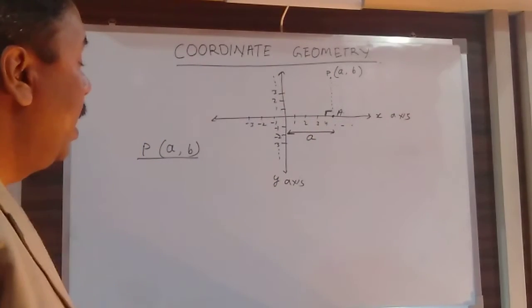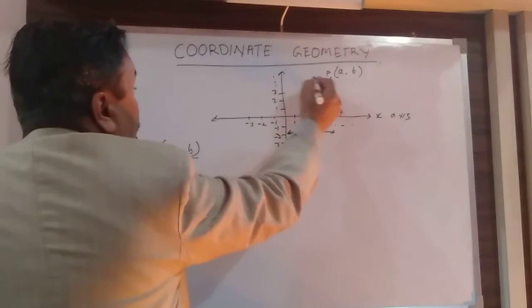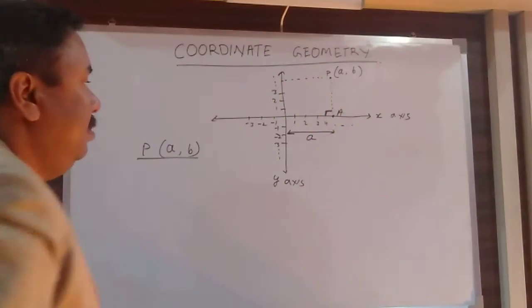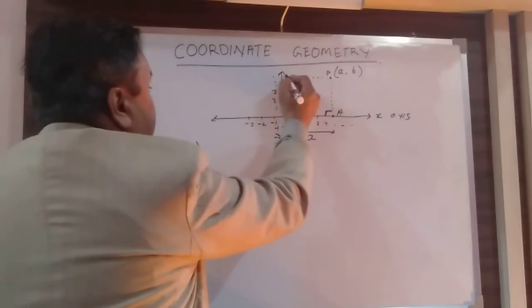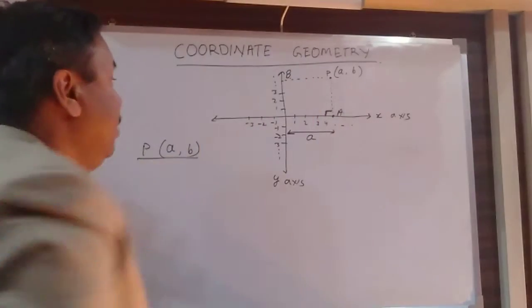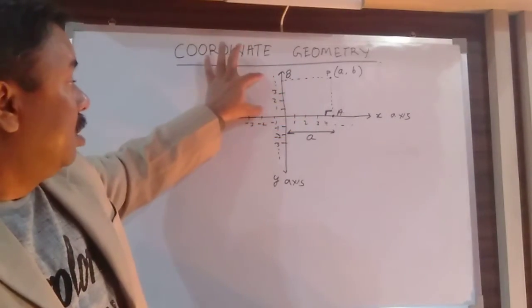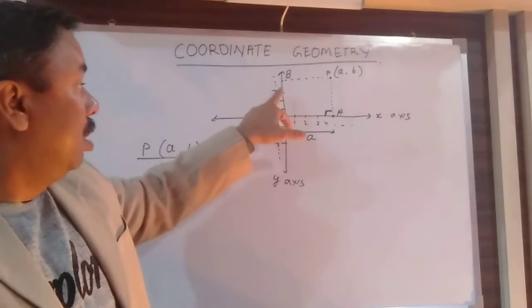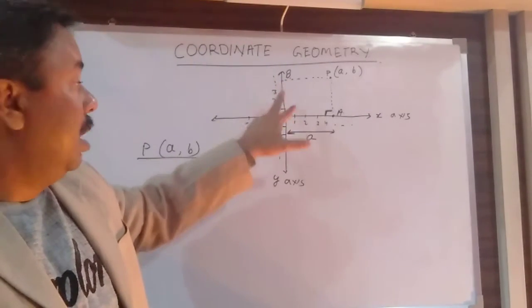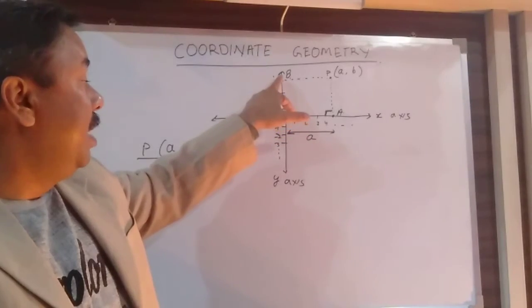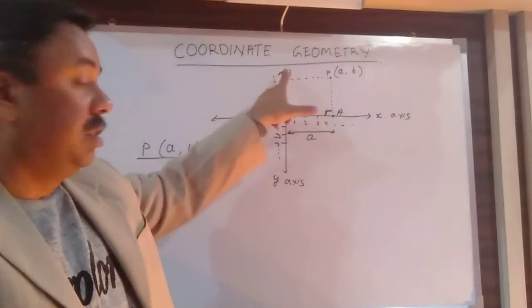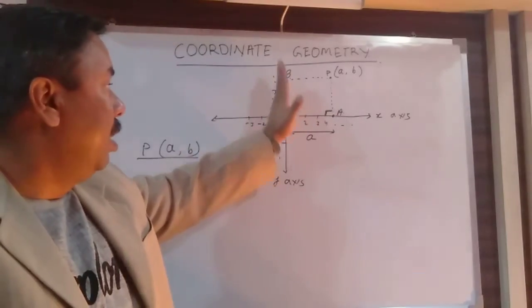Similarly, when I draw a perpendicular on the y-axis from the same point P, let this point be B, capital B. This is how much distance I have traveled on the y-axis.